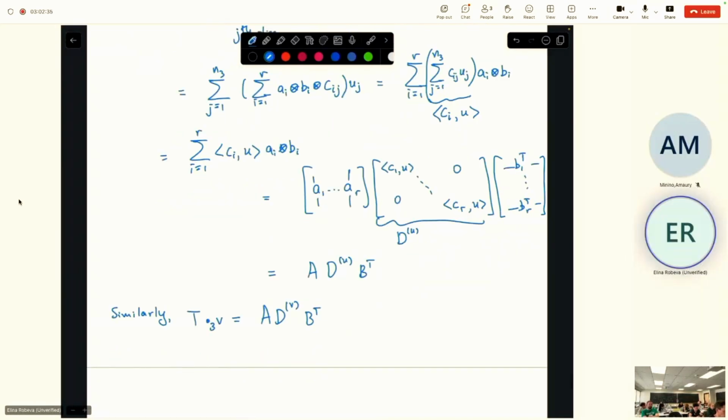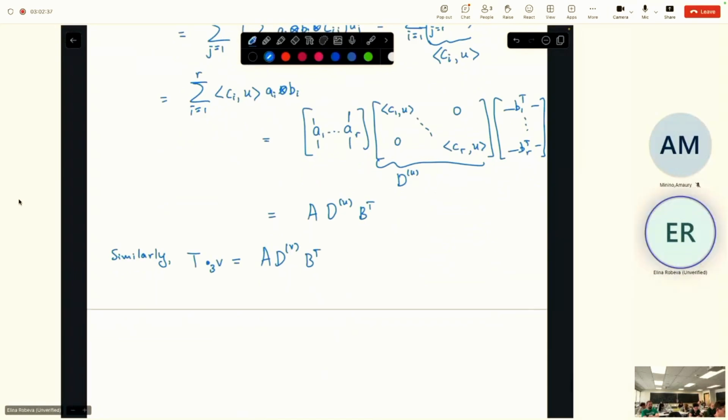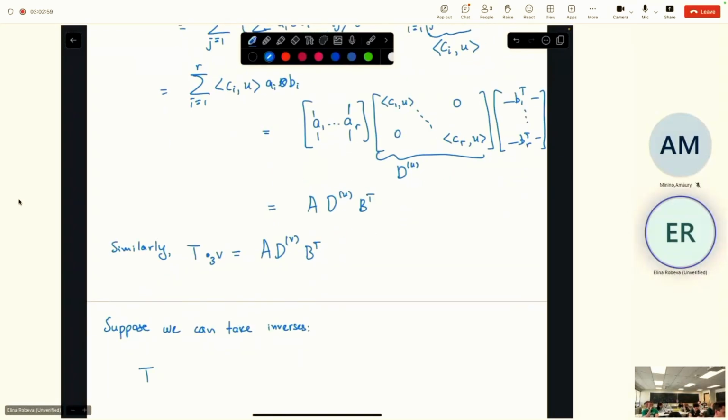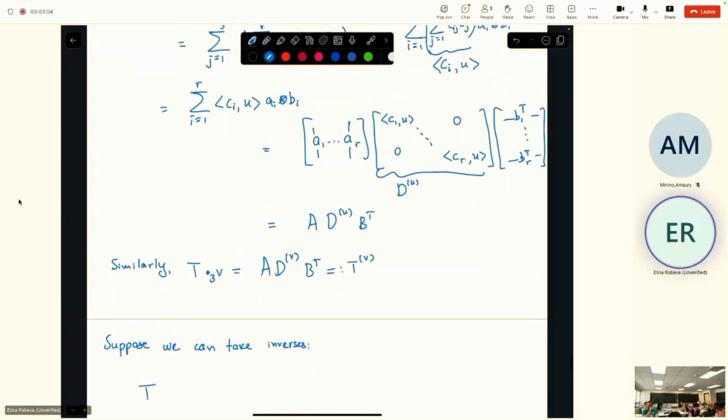And now, how does this work? Suppose for the next couple minutes that we can take inverses of any of these matrices, even though they're not square. Suppose we can take inverses. I'm going to call this T_u, this, remember, was T_u, and this is T_v.